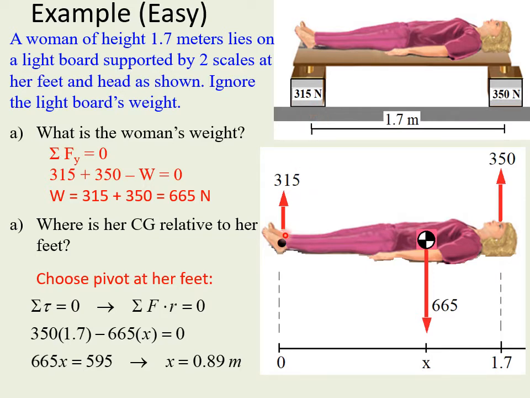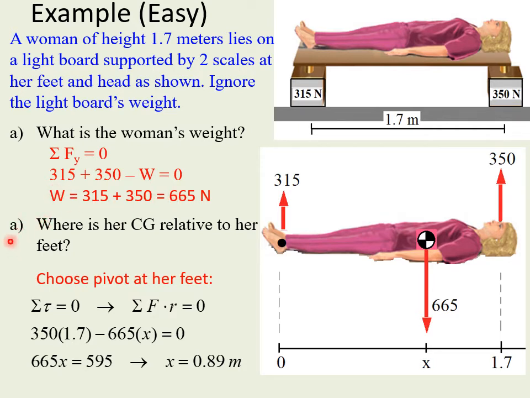So we have 315 newtons pointing up at her feet, 350 newtons pointing upwards at her head, and we have her weight pointing down, which is unknown. So we can say 315 up plus 350 up minus her weight is equal to 0. Therefore, her weight is equal to the sum of 315 and 350, which is 665 newtons. So all we're doing here is just balancing the forces in the vertical direction.